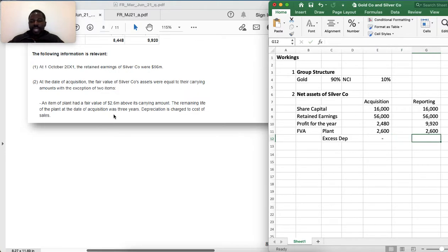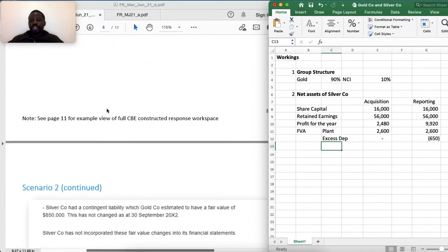We are told the plant has got a useful life of 3 years. But post acquisition it had got only 9 months, so we'll say the value of the plant divided by 3, we get the depreciation for the year, then we multiply by 9 divided by 12 to get the depreciation for 9 months.